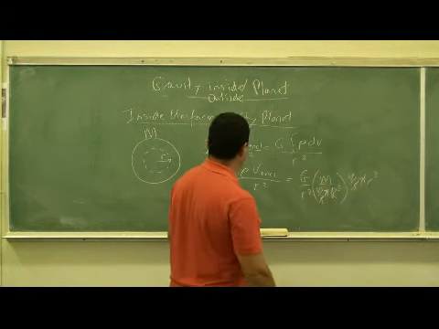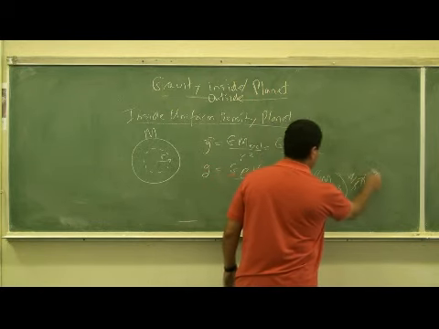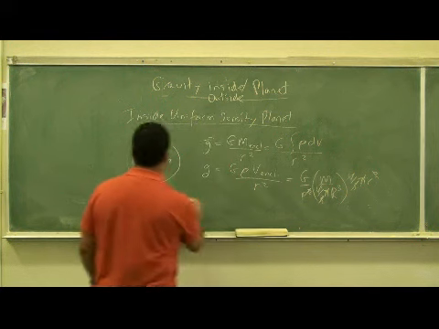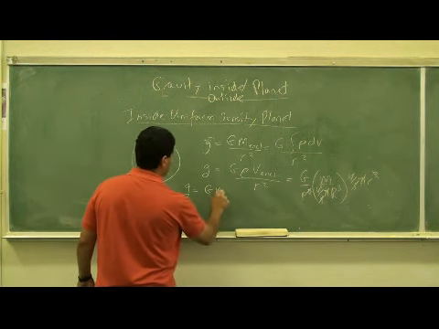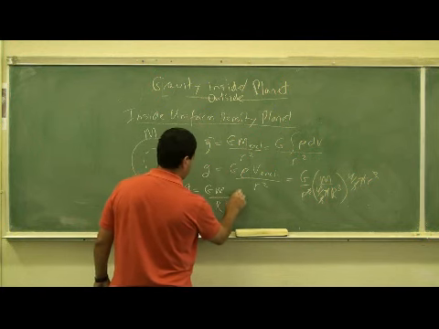And the 4/3 pi all cancels, and what happens? R squared cancels one of the r's, and you're left with g equal to Gm over R cubed times r.